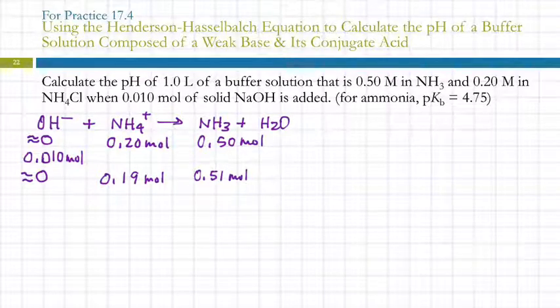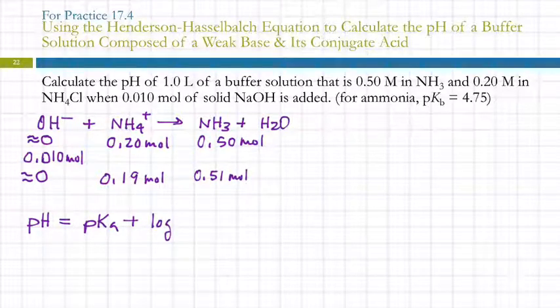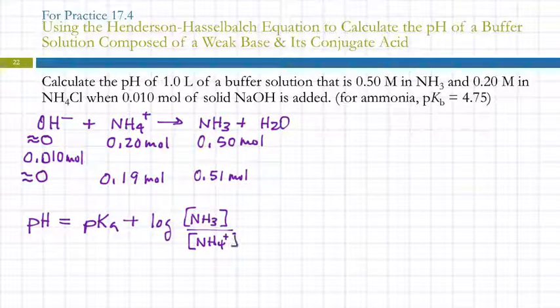Now we can use the equation. So the equation says pH equals pKa plus the log of the base. Here the base is the ammonia, divided by the acid, but we have to use the Ka.